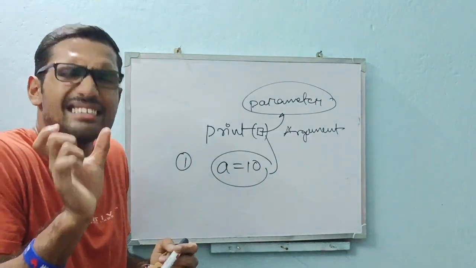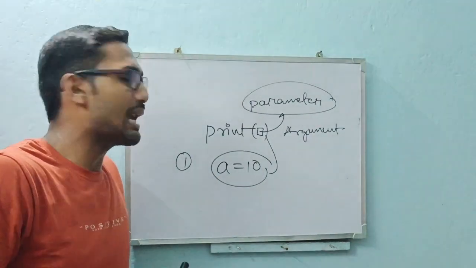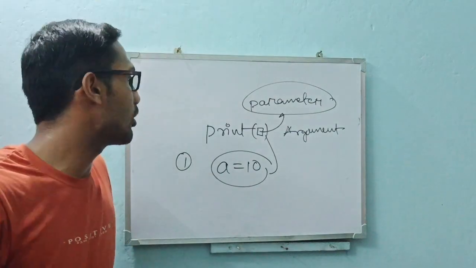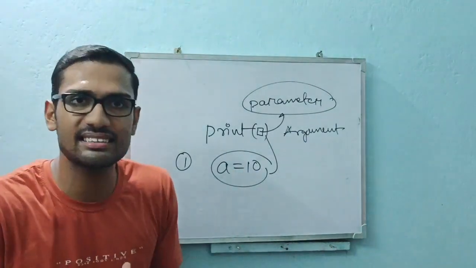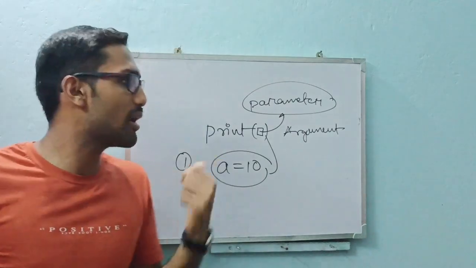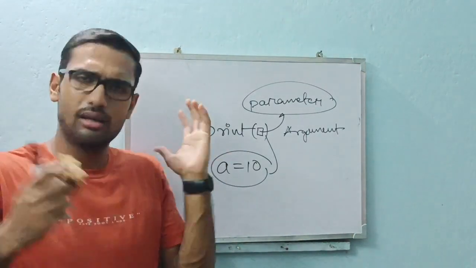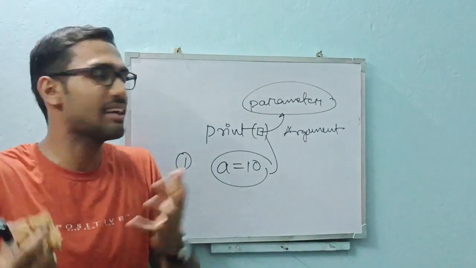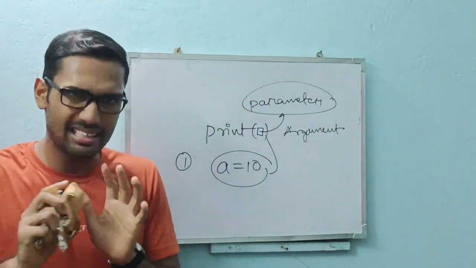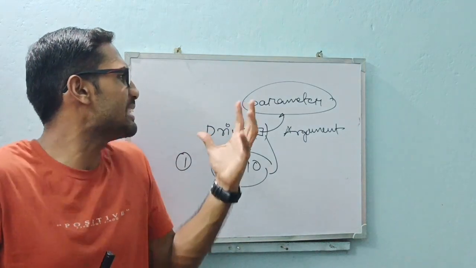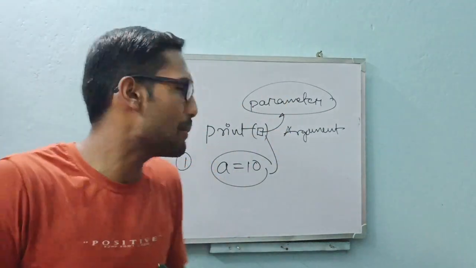But yes, there is a slight difference between them. With time you will get to understand all this. In detail, there is a chapter in class 12, working with functions, which I am covering. You can go to that playlist and understand what a parameter and an argument are. But as of now, you can interchangeably use these two terms, so not a problem at all.